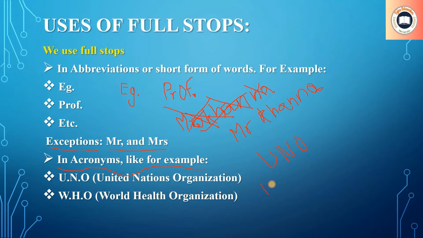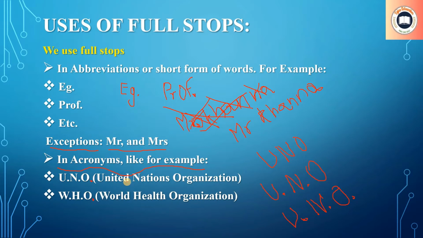This can also be written as U full stop N full stop O, or U full stop N full stop O full stop. Here we can include a full stop. I prefer including a full stop here, so you can include a full stop. So U dot N dot O dot. This is an example.